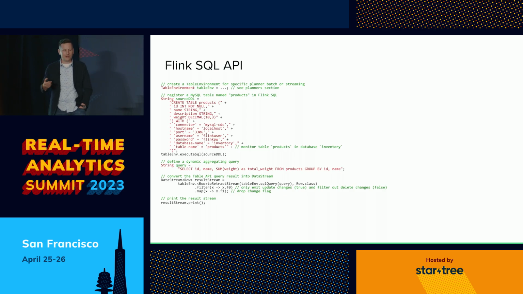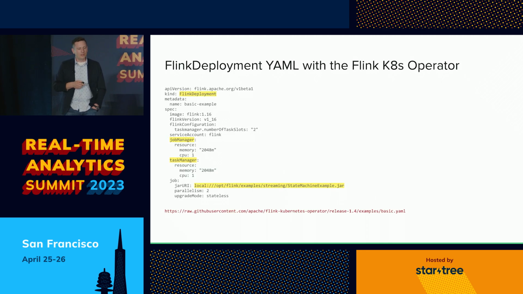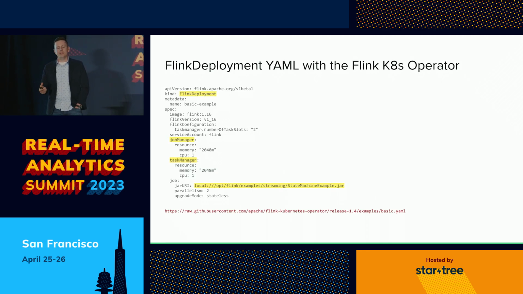It's declarative, but for some reason, it doesn't feel very gratifying, right? All right, so once you build such a Java application, maybe you're using the table API, maybe you're using Flink SQL, how do you actually go about deploying such a thing?